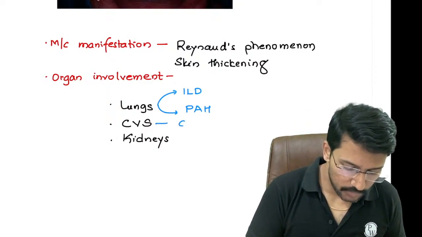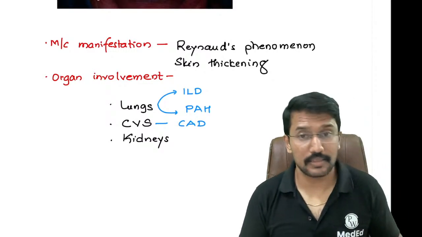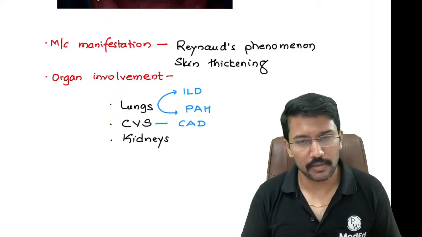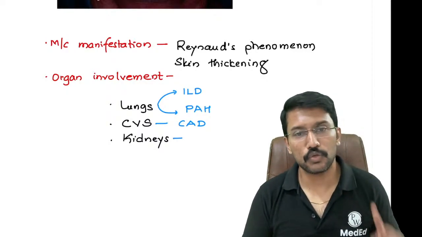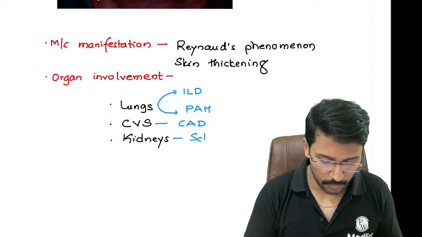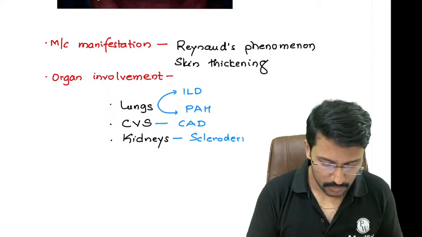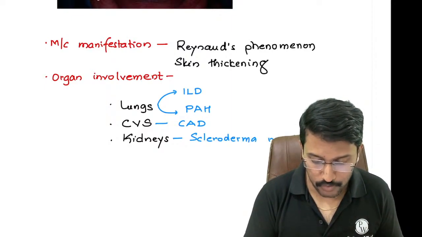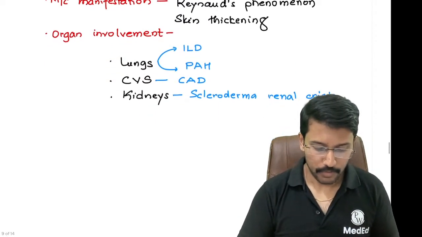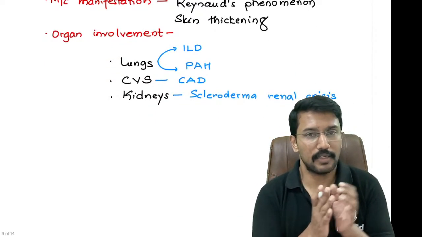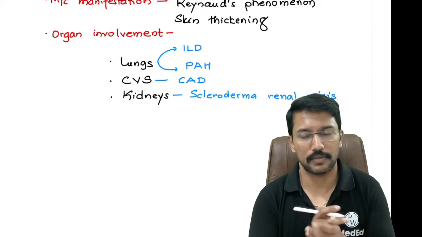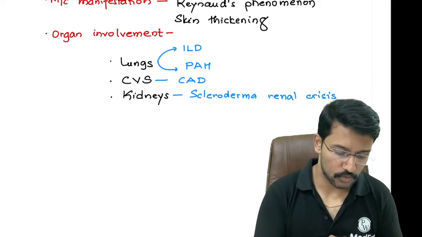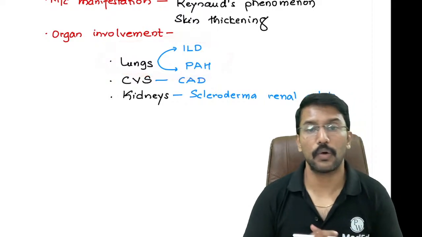The serious involvement will be in the form of kidney disease, and in the past, not today, many of the patients with scleroderma used to die because of what we call scleroderma renal crisis. Scleroderma renal crisis is an important MCQ area. I will talk about it, but before that, we will understand a little bit about the lungs. Today, most of the patients of scleroderma die because of complications related to lungs.